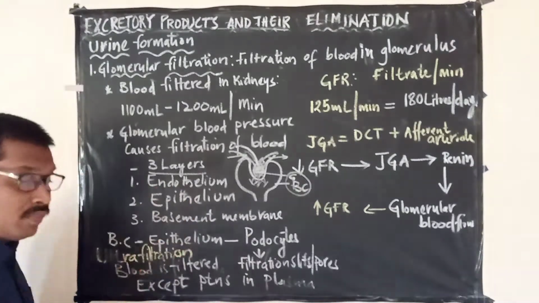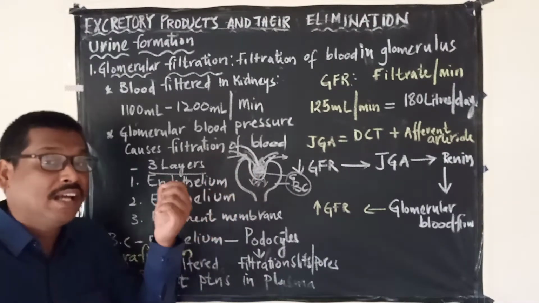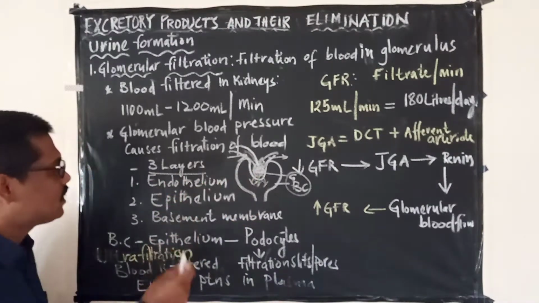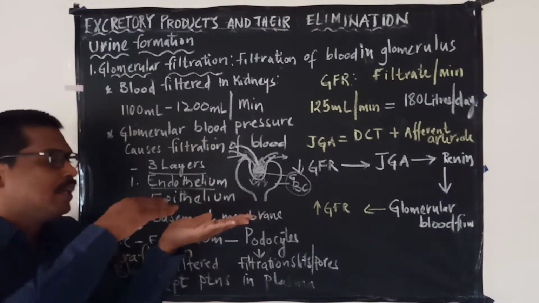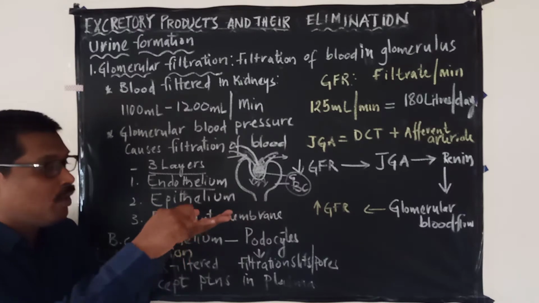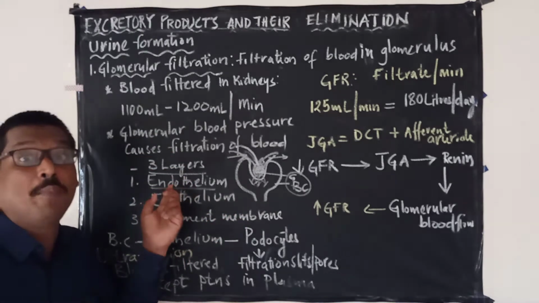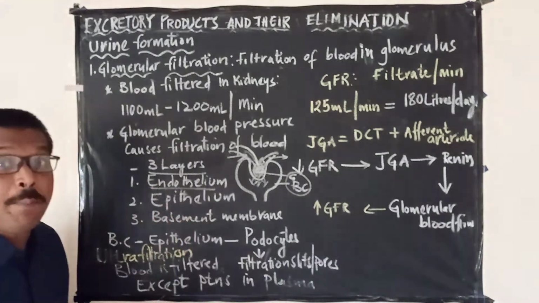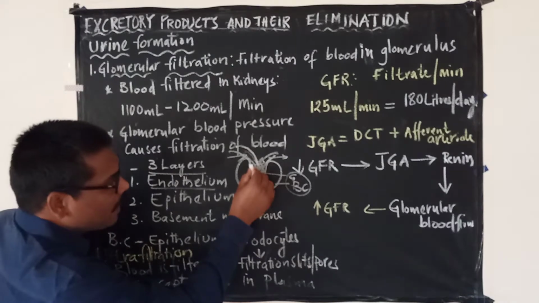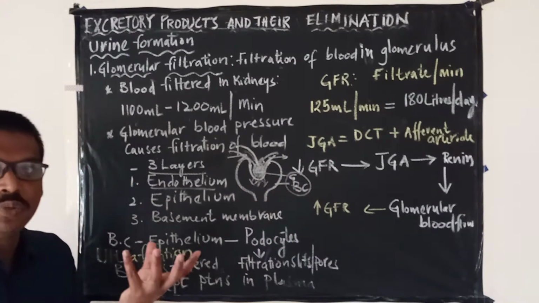Now here we are talking about the layers. The layer of the blood vessels is the endothelium. If this is the blood vessel, this layer is called endothelium. So the blood has to pass through the endothelium of the glomerulus, meaning capillaries, followed by the epithelium. Epithelium is a layer of the Bowman's capsule.